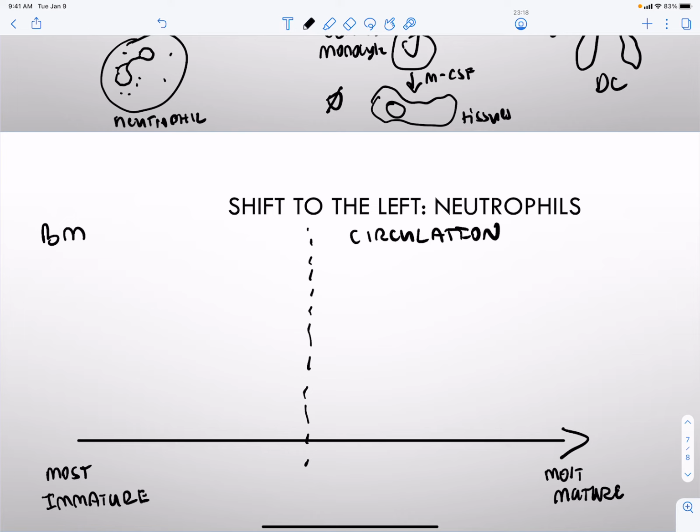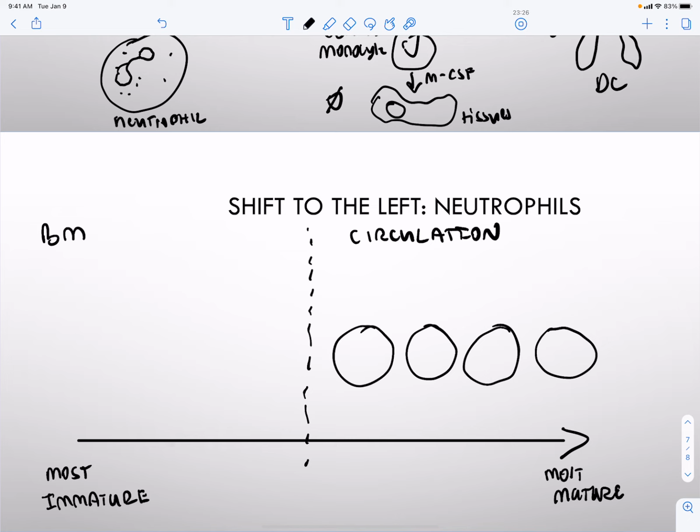So over here, you're going to have several different stages. But in essence, they all look kind of multi-lobed. And then inside of your bone marrow is where you typically see your more immature.